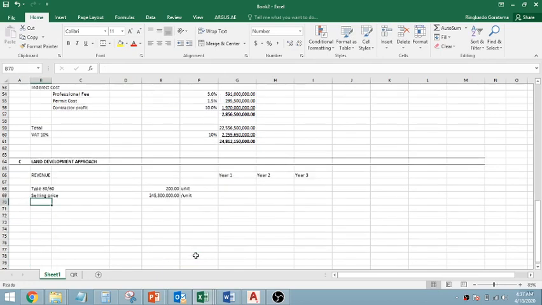And the escalation per year, so the prices escalate around 10% every year.